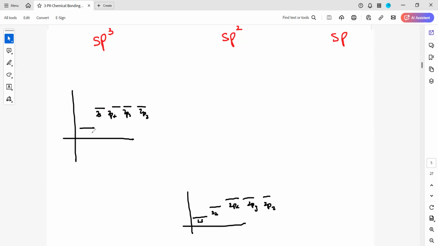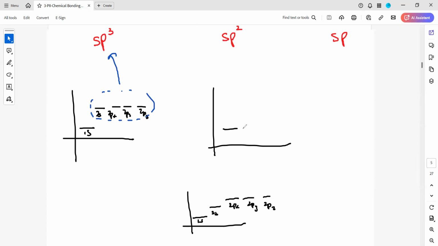So what we call this hybridization? We call sp3 hybridization. And we can also say the orbitals will overlap as they have the same energy. You can also use the term overlapping of the orbitals.